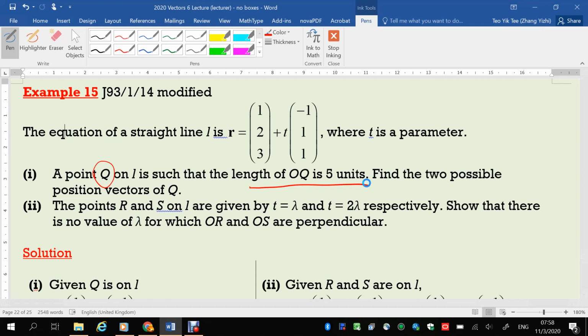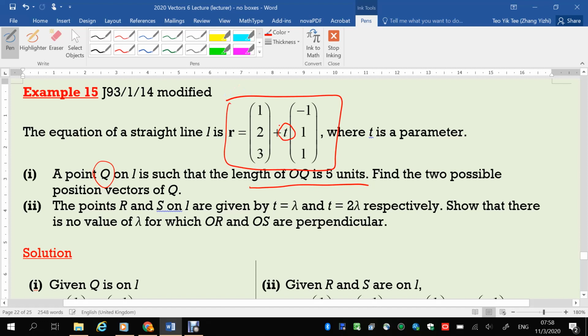Okay, so a few understandings from the concept of lines. This is a vector equation of a straight line where t can take infinite values. So if I want a point that's on the line L that's given to you, the t must take one specific value.